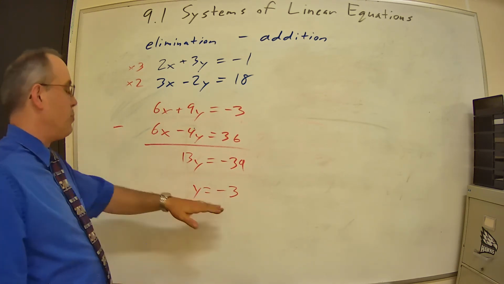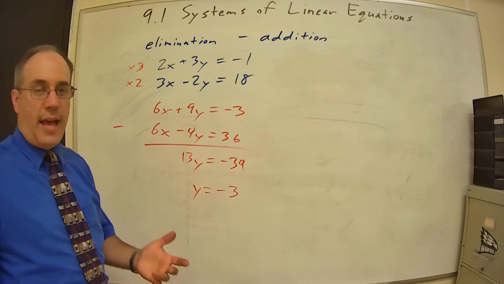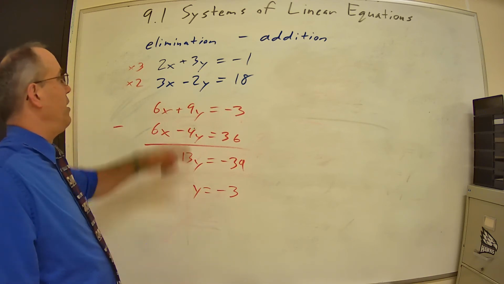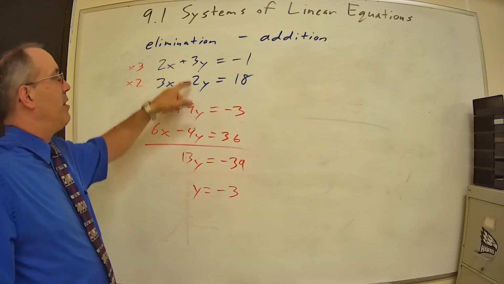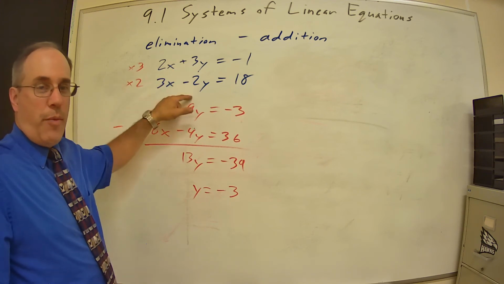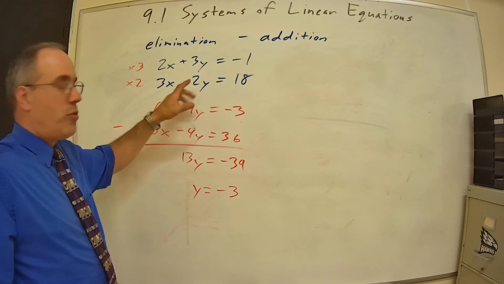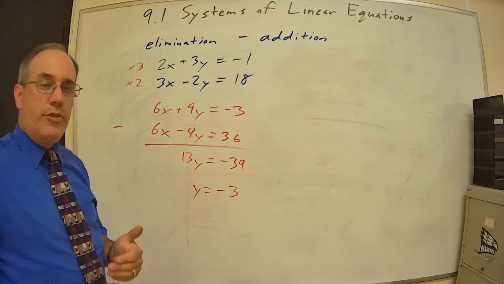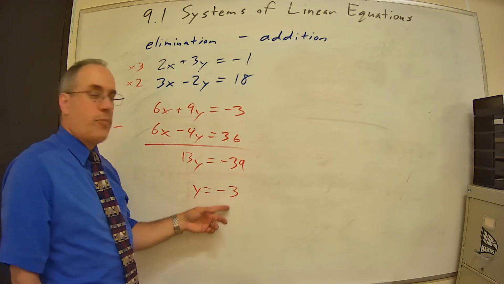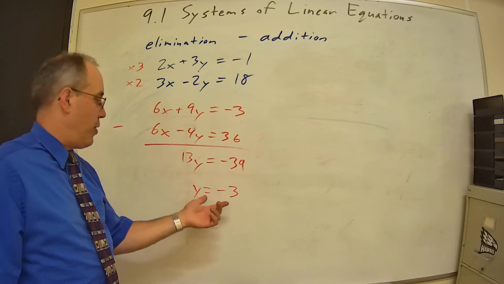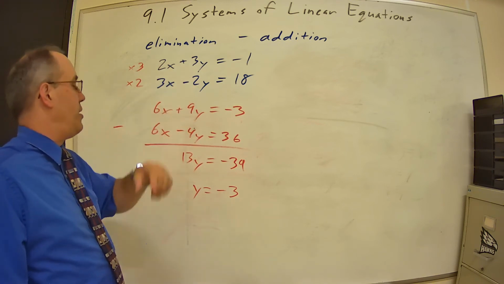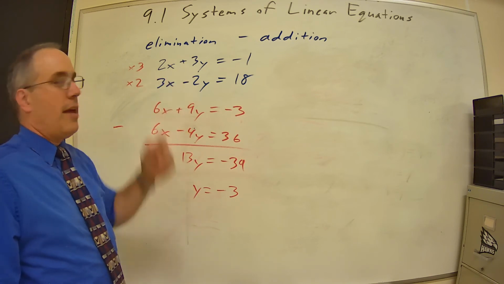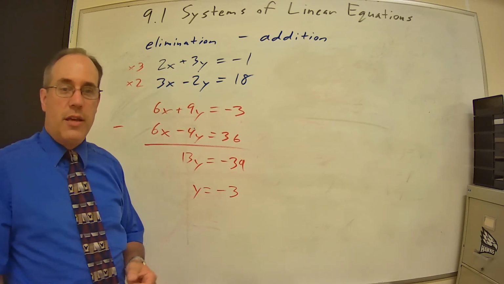Now, at this point, I have two options to find x. One, I can go back and make these coefficients match up, so I can then cancel them out and solve for x. Or two, I can go back and use substitution at this point, just plug this into one of those equations and find x.